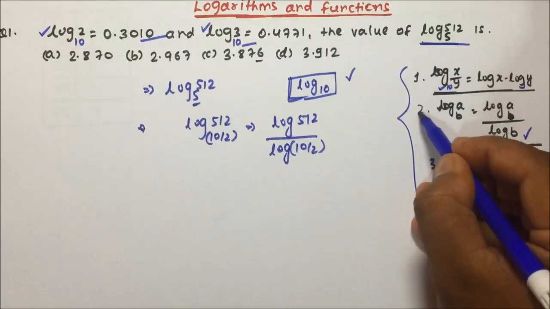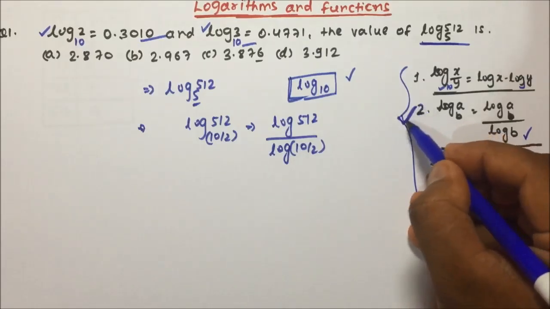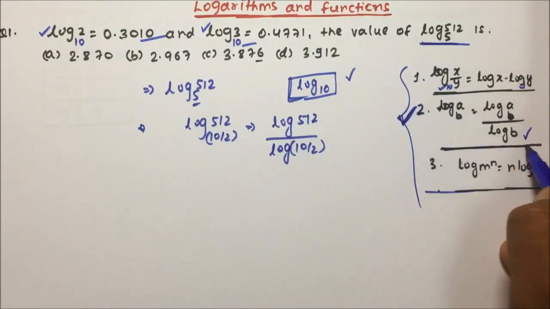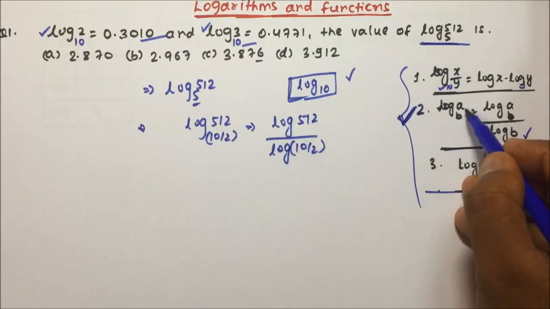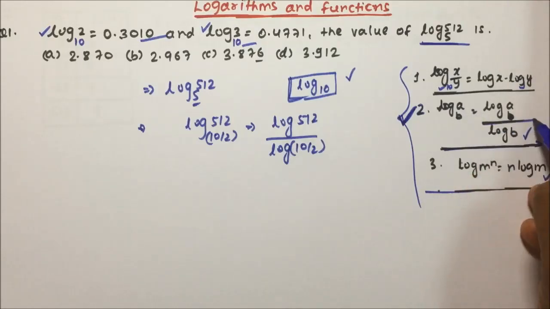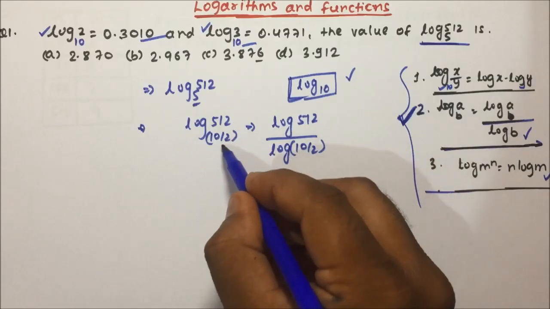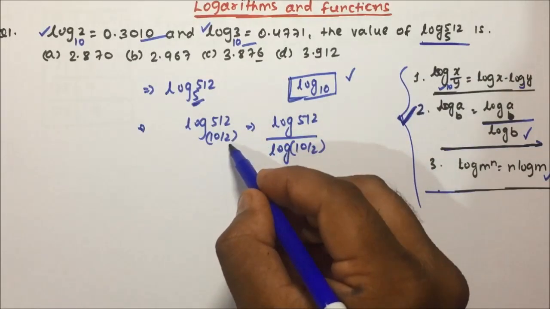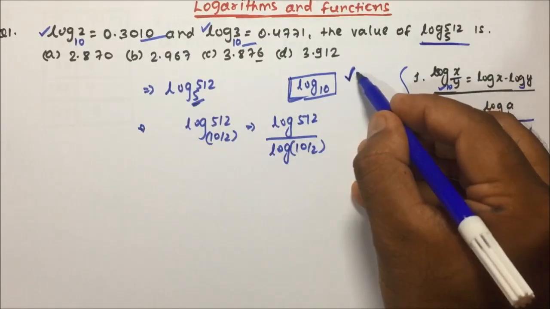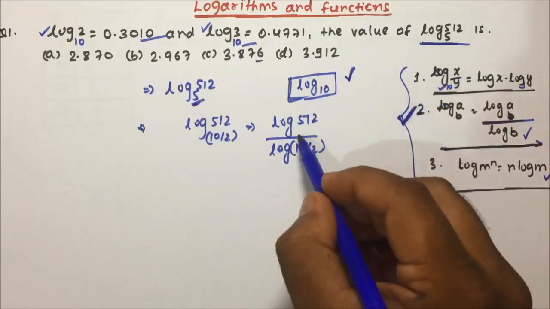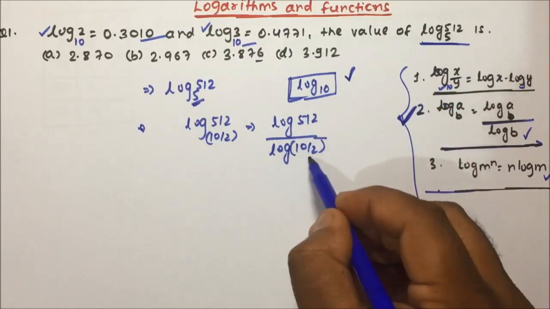I am using each and every concept which is written here, and that is the only reason I have written them. So log A with base B will be nothing but log A divided by log B. Why have I written 5 as 10 by 2? Because I want to convert this to log base 10. So log 512 divided by log 10 by 2.